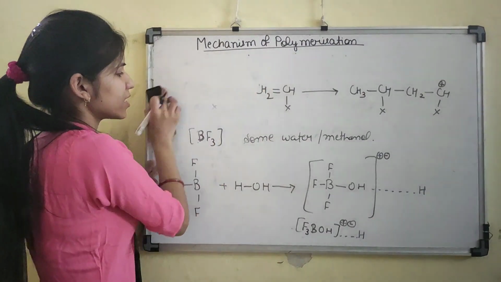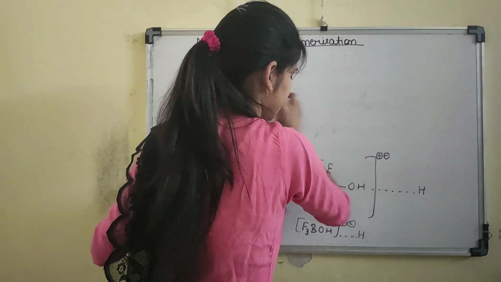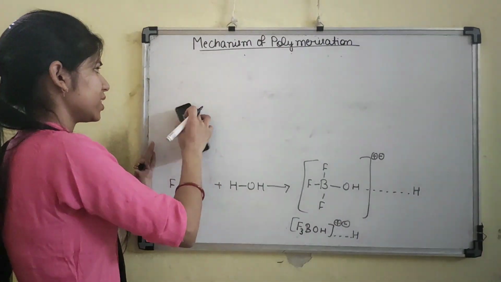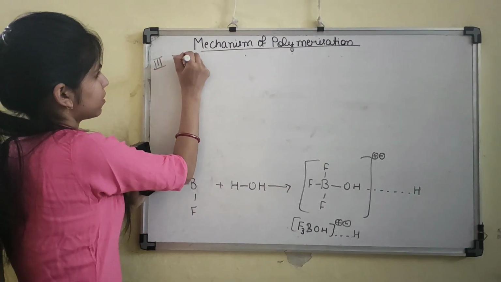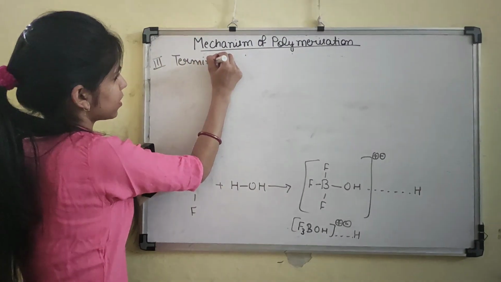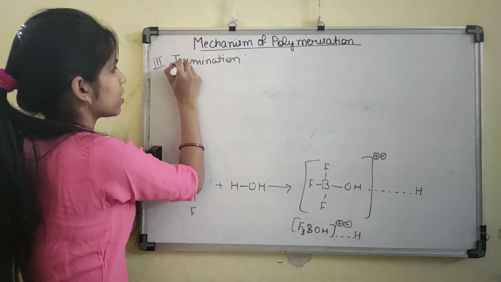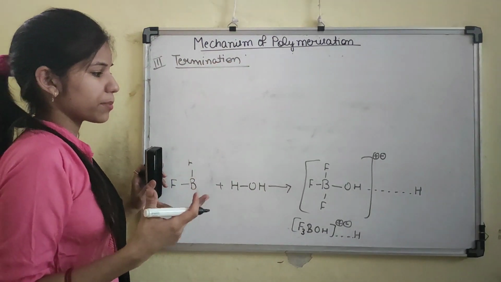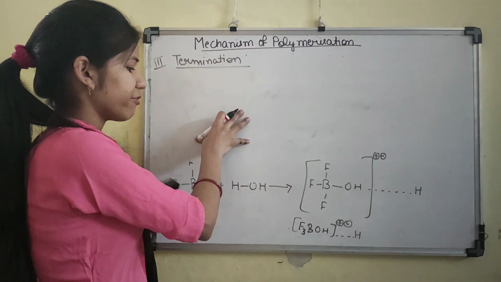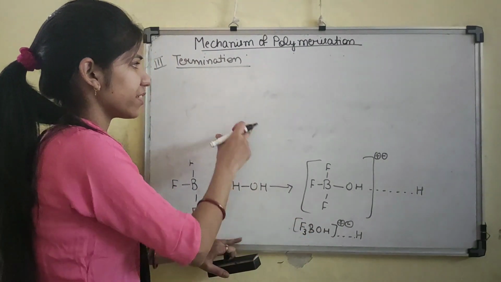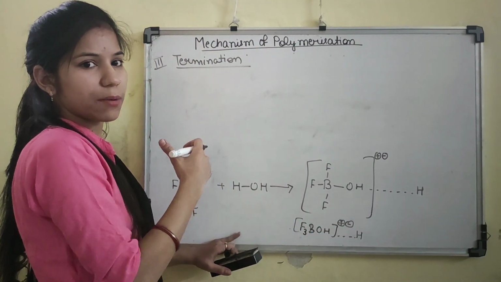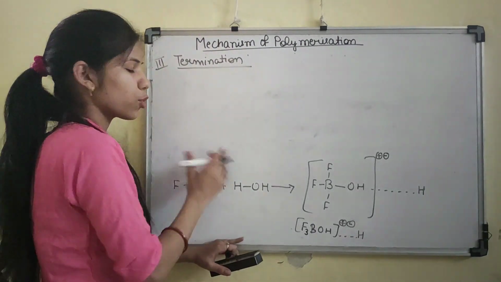In the third step, that is the termination step, there are two types of termination. If the counter ion is negative, a hydrogen can be donated from the monomer unit.